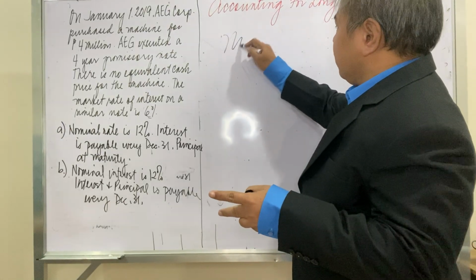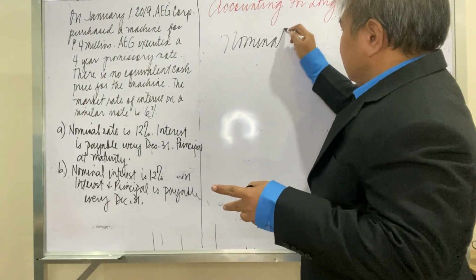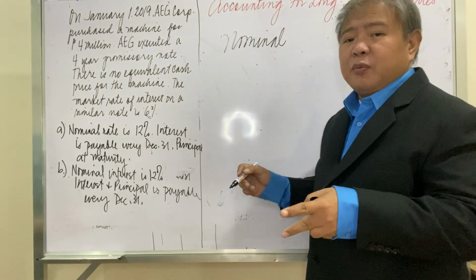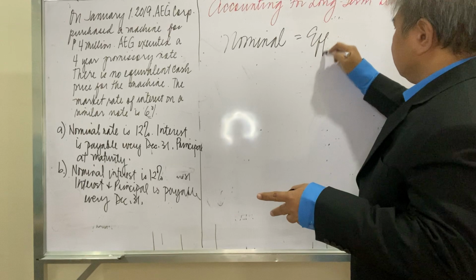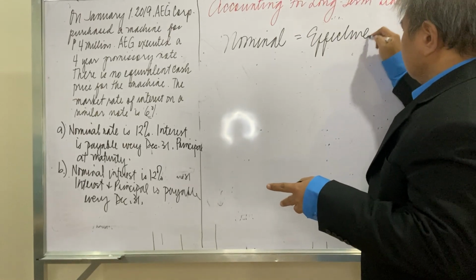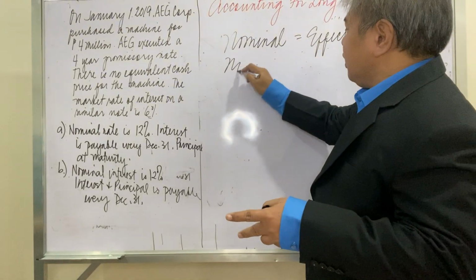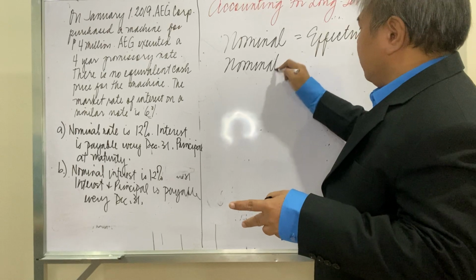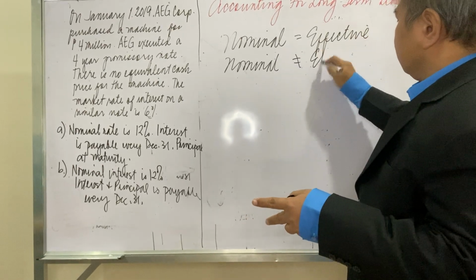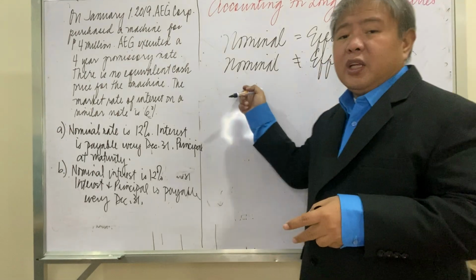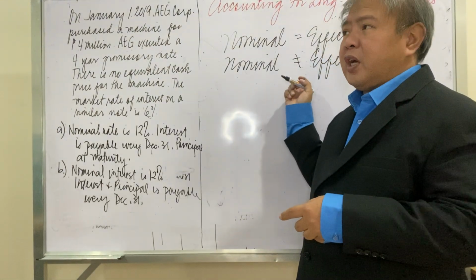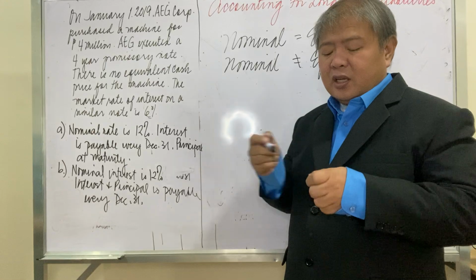We have the nominal rate, which is the rate indicated in the promissory note, equal to the effective rate. Or the nominal rate is not equal to the effective rate. It could either be that the nominal is higher than the effective, or the effective is higher than the nominal.